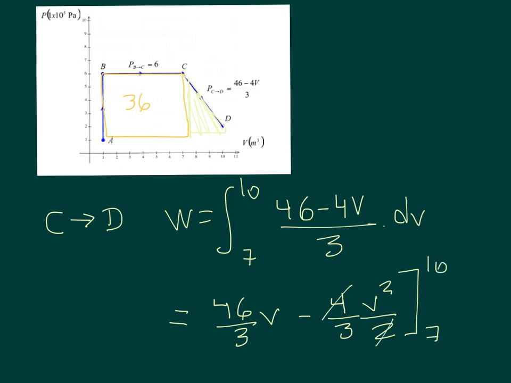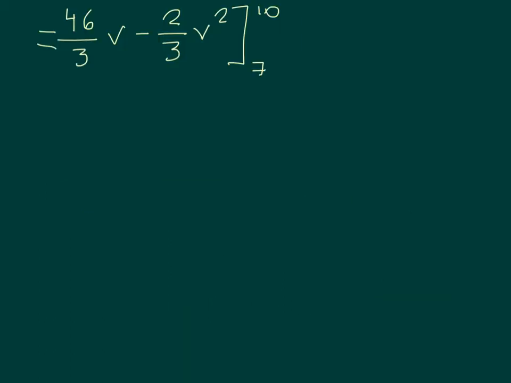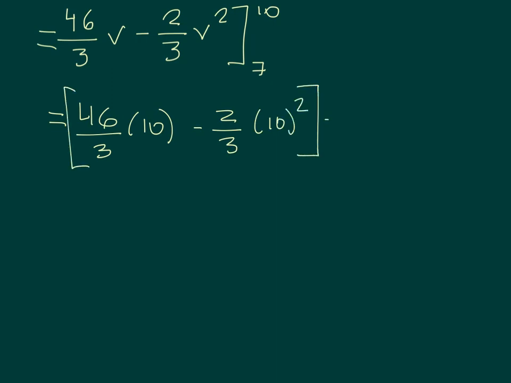And if we simplify this, we will obtain 46 thirds of V minus 2 thirds of V squared from 7 to 10. So we substitute the upper limit, which is 10, 46 thirds times 10 minus 2 thirds of 10 squared, and then we substitute the lower limit, which is 7, 46 thirds times 7 minus 2 times 7 squared over 3.